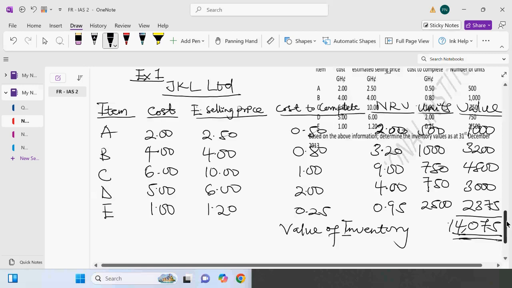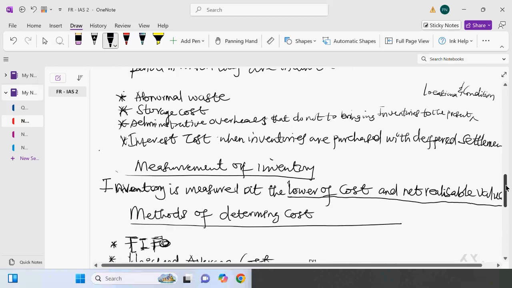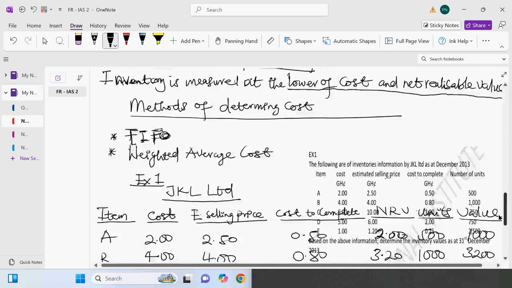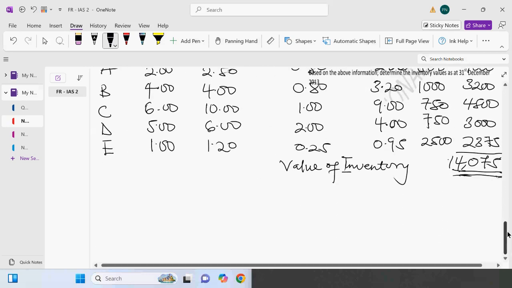Okay, that is the value. Any question? Foreign exchange differences should not be capitalized. So any question?